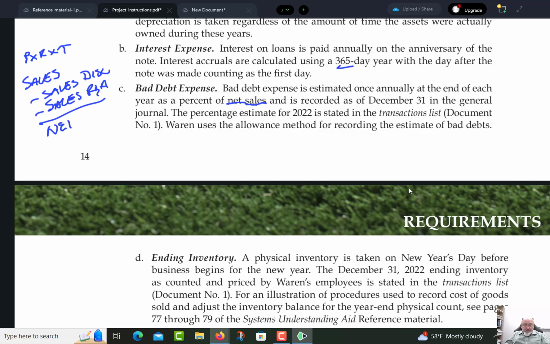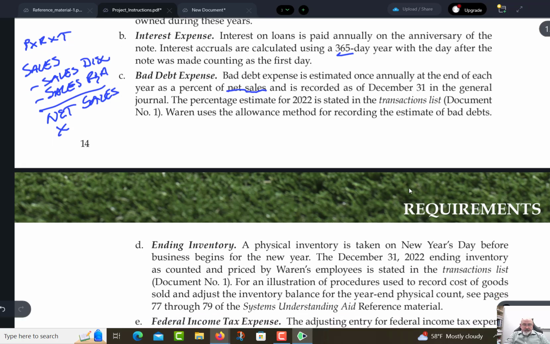So remember, if we're using this method, we're just taking the percentage they give us times net sales, and it's not going to matter what's in the allowance account. If we were doing an aging, we would look at whatever is in the allowance account, and decide, okay, based on our aging, this is what we should have. What do we have in the allowance account? And we take the difference.